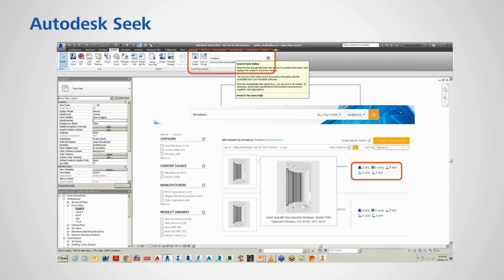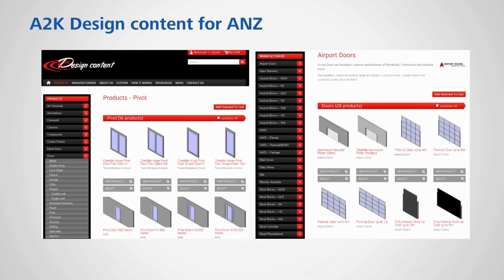But if you want to find top quality Australian content, I'd strongly recommend you check out A2K's design content for the Australia and New Zealand marketplace. They've got a really good, strong skill set of a team making manufacturers' products, and you can subscribe to this via A2K and download a huge amount of stuff.